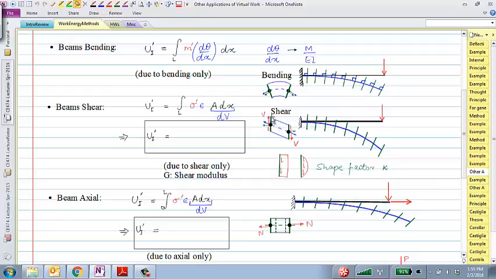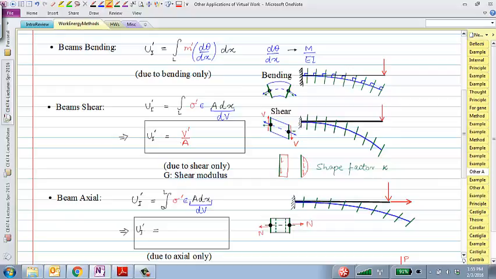We'll assume this shear does not vary quadratically along the cross section. Instead, we'll assume it's an average constant value across the cross section. And that shear stress would really just be V prime divided by area of cross section.